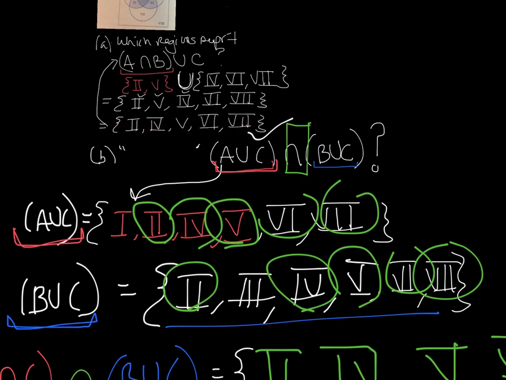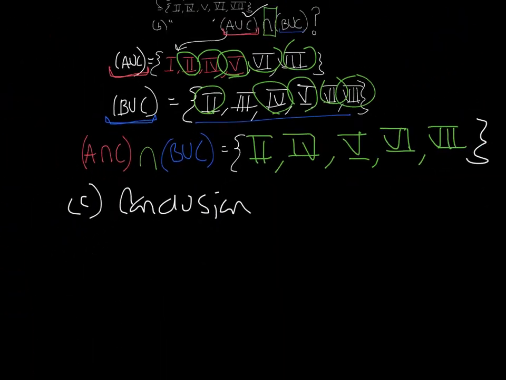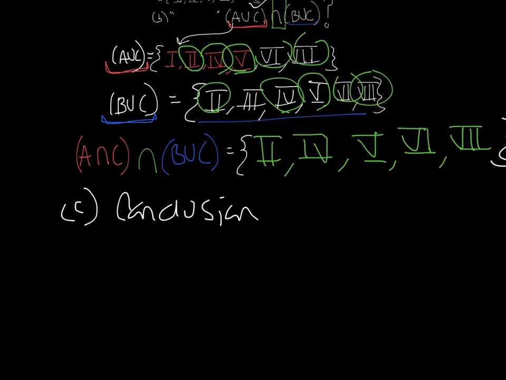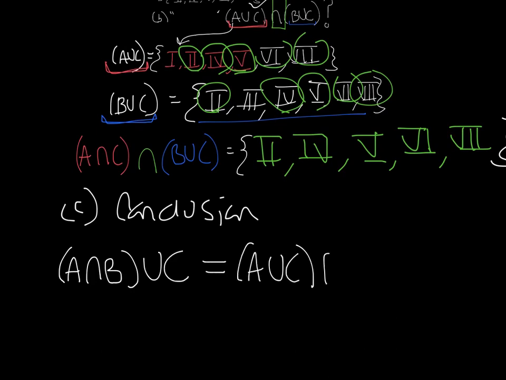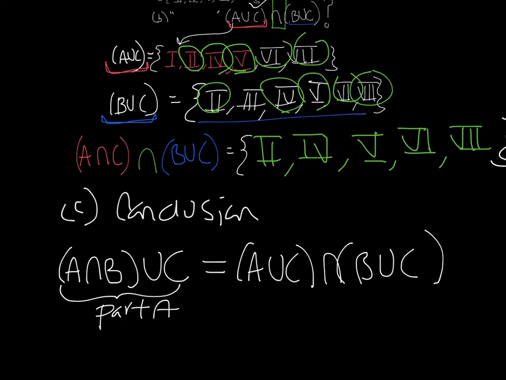They're exactly the same. So this is a special set. In other words, part A is equal to part B. So A union B intersect C is equal to A union C intersected with B union C, right? This was part A, and this was part B.